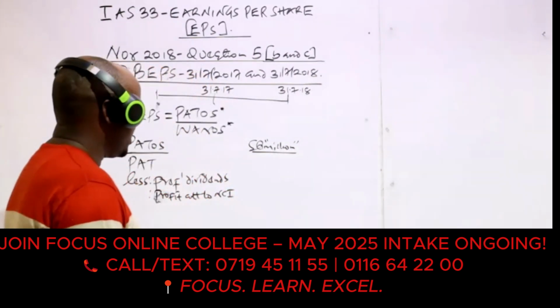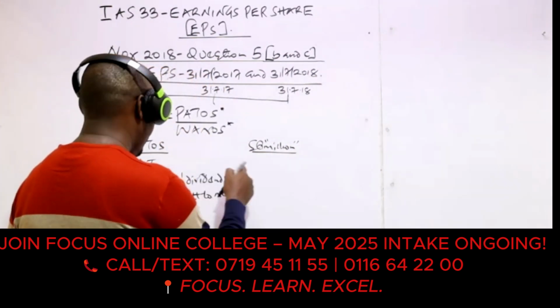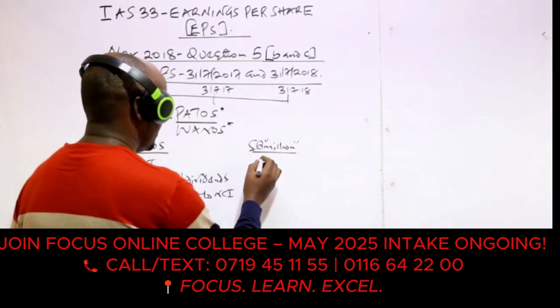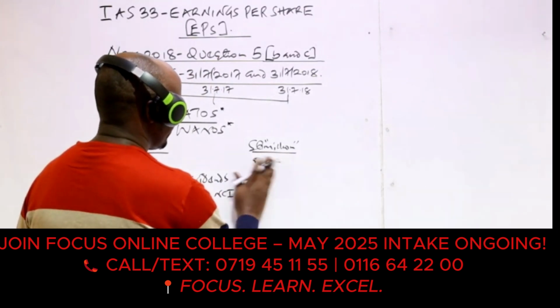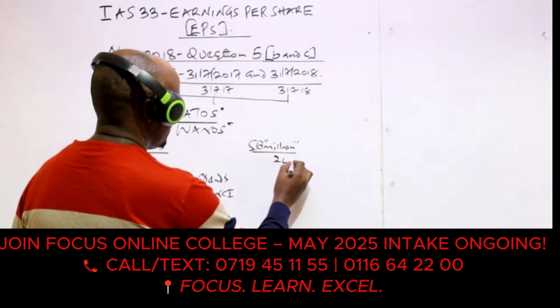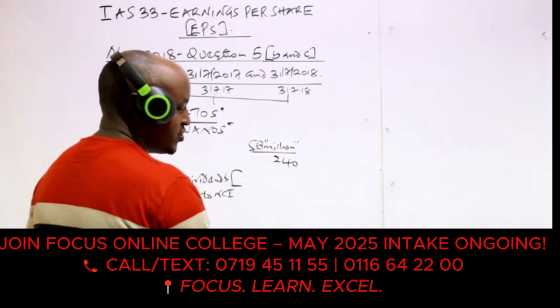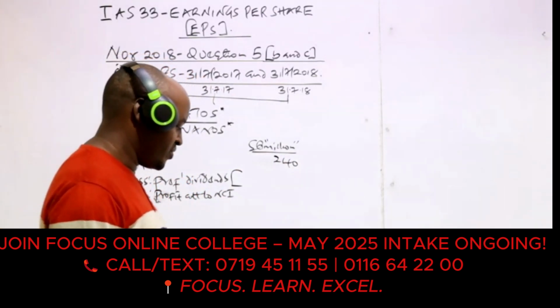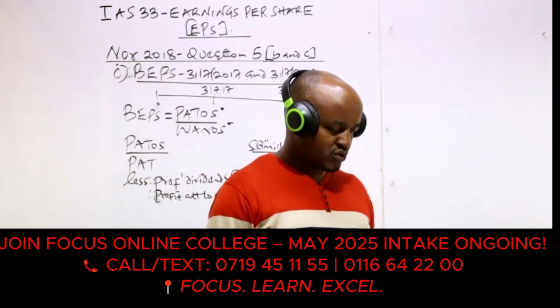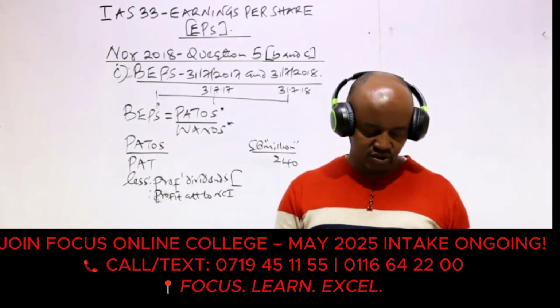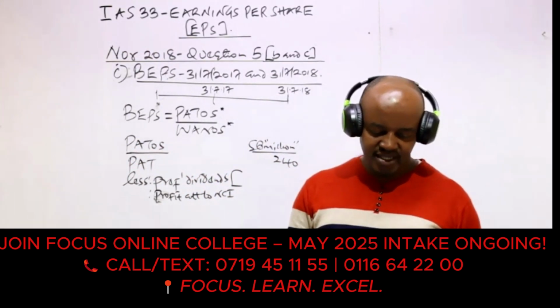In 2017, we're given the profit after tax as 240 million. That figure is already given in the paragraph. So what do we need to do? Deduct the preference dividends. How do we compute the preference dividends for this year? We use the statement of financial position extract.